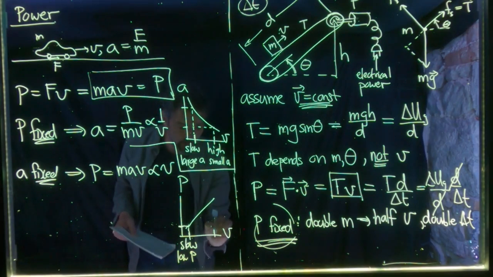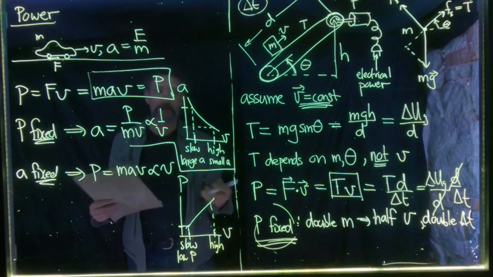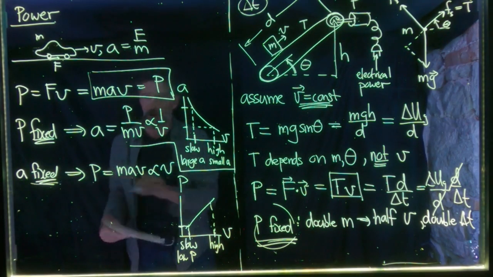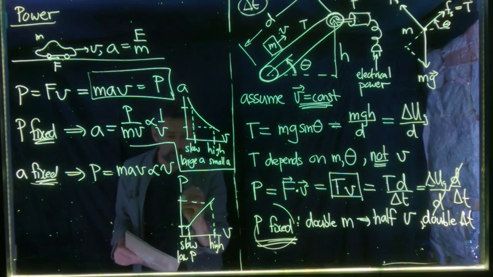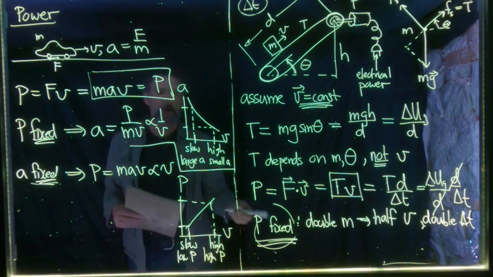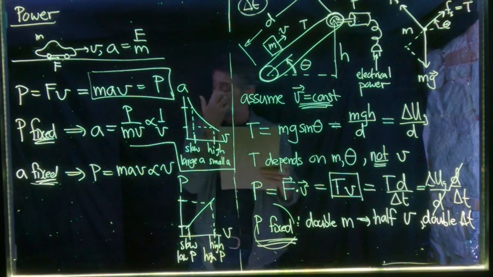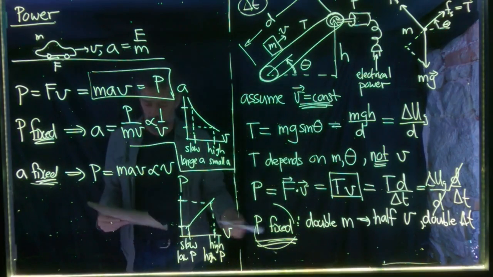If I'm moving on the highway at high speed, then in order to feel that same acceleration, fixed a, that I feel when the car's going slow, it requires a high power. And because the maximum power is basically fixed, in the real world it looks like this. It doesn't look like this. You can't just crank up the power like that.